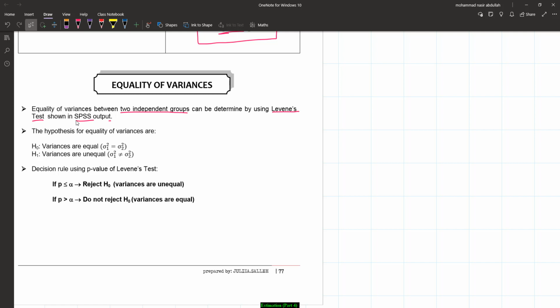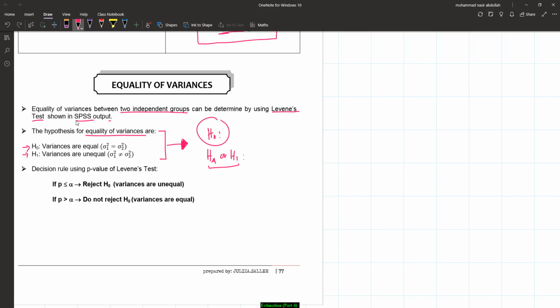So the hypothesis of equality of variance. We will go into detail later, but this is for introduction. You need to understand the null hypothesis and alternative hypothesis. In hypothesis testing we have two types of hypothesis: the null hypothesis, which is H null, and the alternative hypothesis, which sometimes the book will say HA or H1. There are two symbols for the alternative hypothesis, but they mean the same thing.